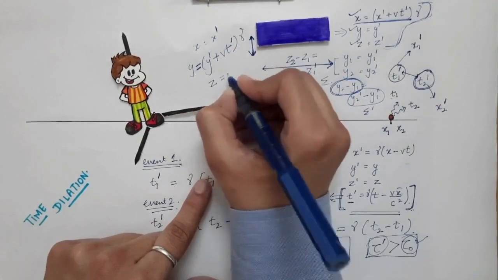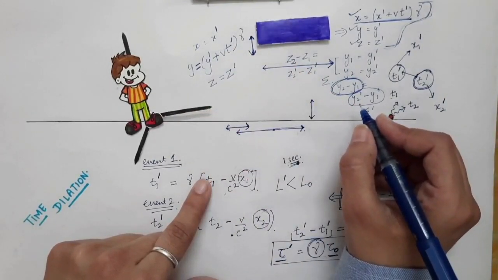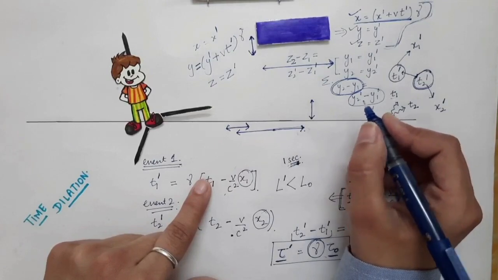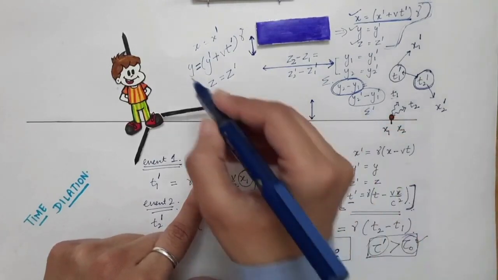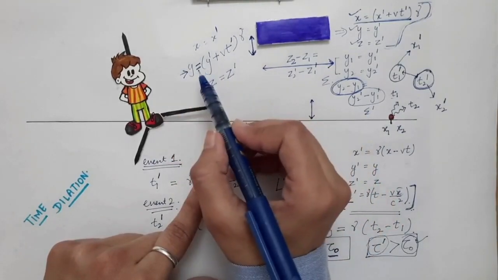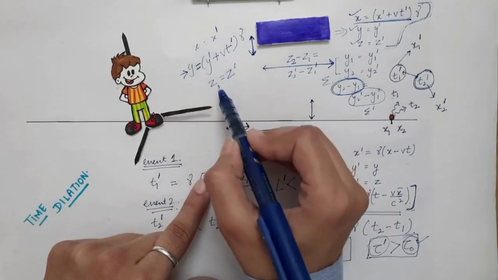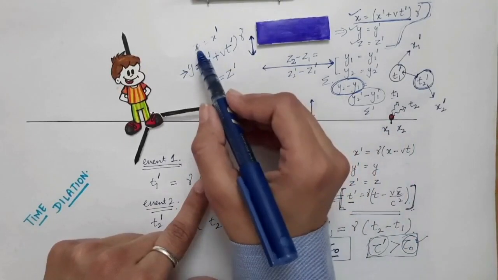Earlier, this form of equation was for the x variable, but now we suppose the object is moving along the y-axis, so we use this form for the y coordinate. This is how the transformation equation changes as the direction of the velocity of the object changes. When you find the length contraction in this case, you will see that the length along the y-axis will get contracted, and the lengths along the x and z axes will remain the same.